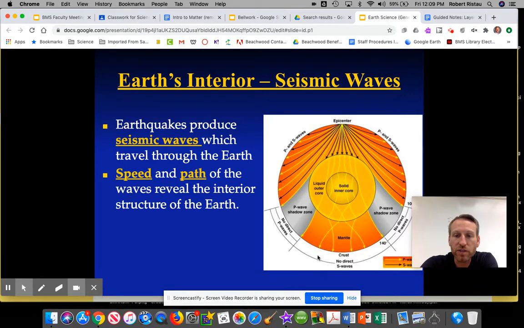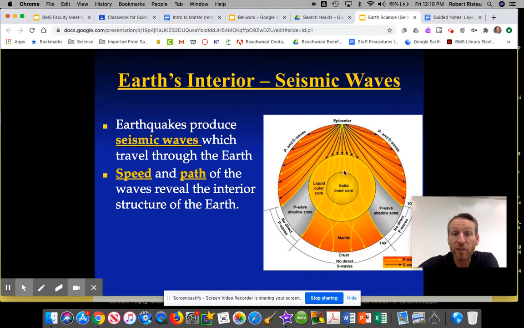And that's because of a characteristic. One of the characteristics of S waves is that they can only travel through solids. And so the crust and the mantle, that's all solid. Even the inner core is solid. But we learned that the outer core is liquid. And so because this outer core is liquid, when the S wave hits the outer core, those get bounced or absorbed, actually.